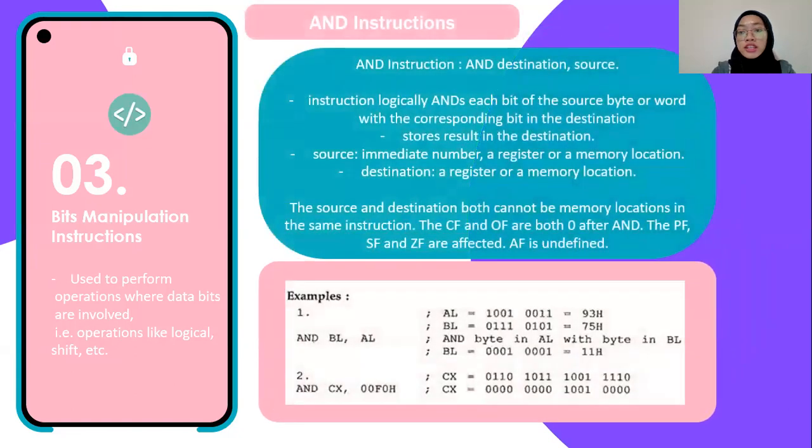Next, let's take a look at the AND instruction. For the AND instruction, AND destination, source. This instruction logically ANDs each bit of the source byte or word with the corresponding bit in the destination and stores the result in the destination.